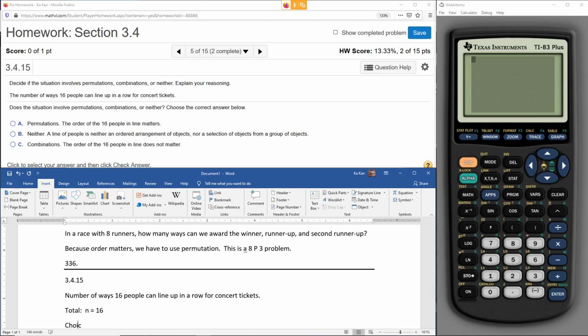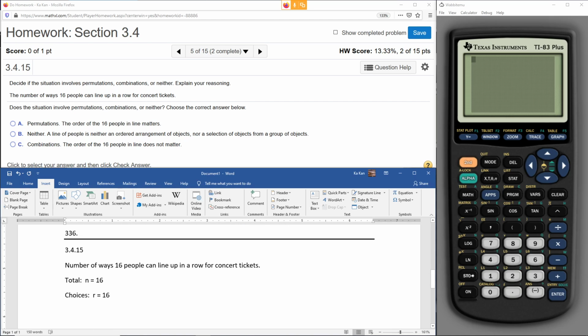And how many choices do you get? I'm choosing all of them, r equals 16. I want to pick 16 people and line up. How many ways can I line them up differently? Does the order matter? Order matters in this case because we're looking at how many different ways they can line up. So this is a permutation problem. So it's 16P16. Just put in the calculator.